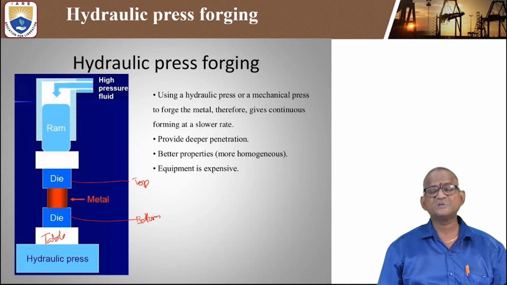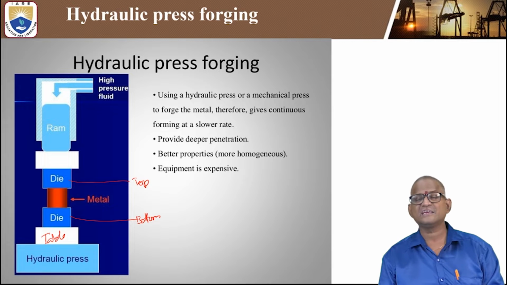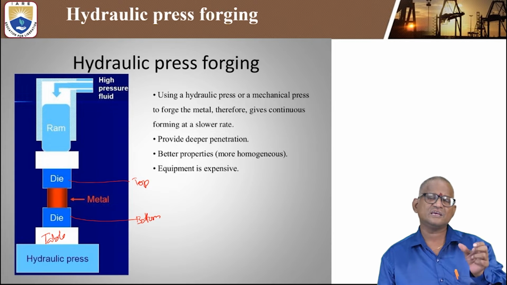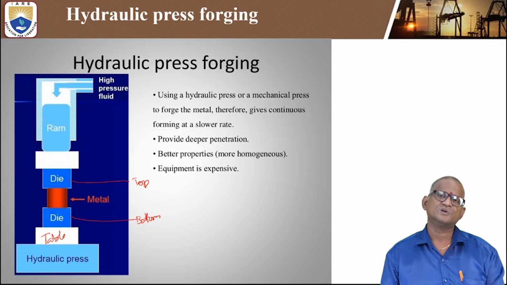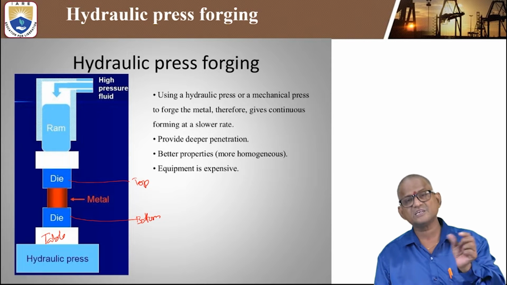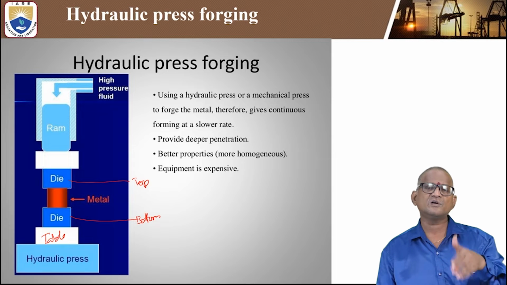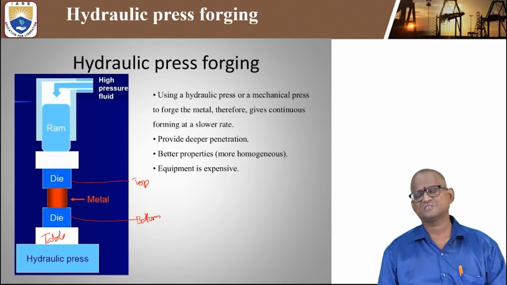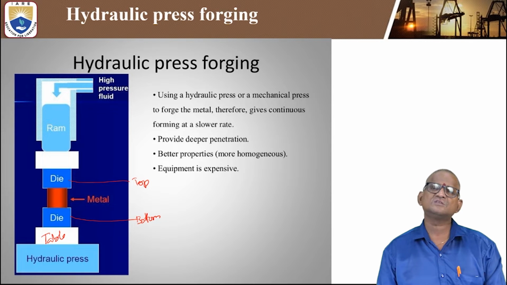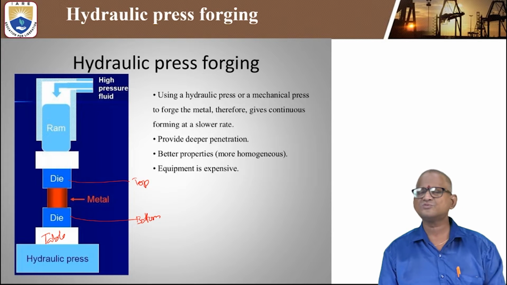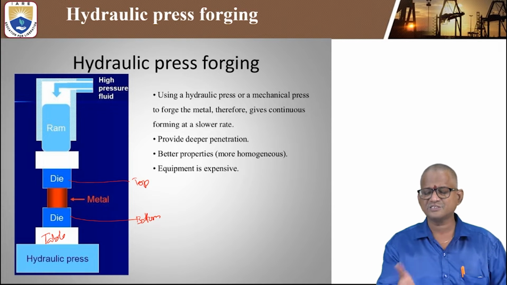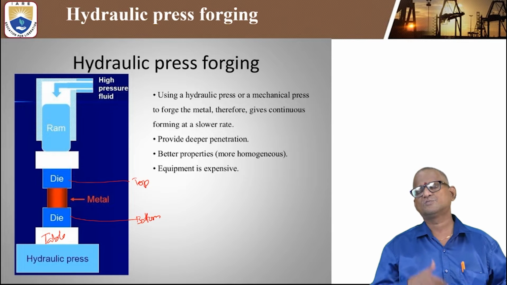This equipment is expensive, as I have been telling. Why is it expensive? The hydraulic press is more expensive. So in order to compensate for the cost, we perform a larger number of operations. We can do mass production; if you only want to change one or two metals, it is difficult to recover the cost.